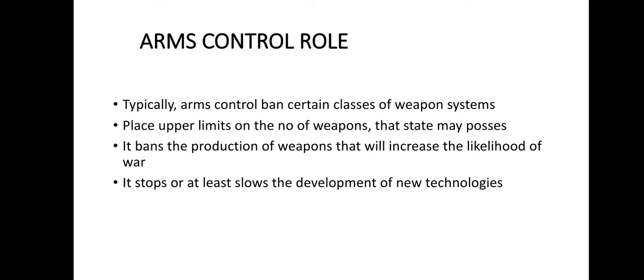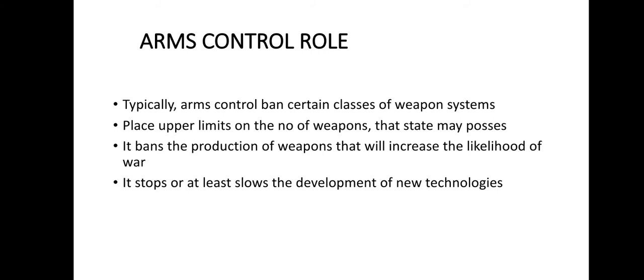Secondly, it places upper limits on the number of weapons that a state may possess. Moreover, it bans the production of weapons that will increase the likelihood of war. Thus, arms control plays a significant role in ensuring global peace and security in world politics and among the world states.